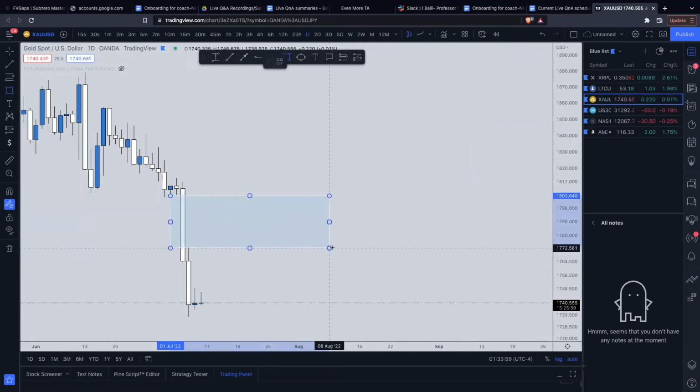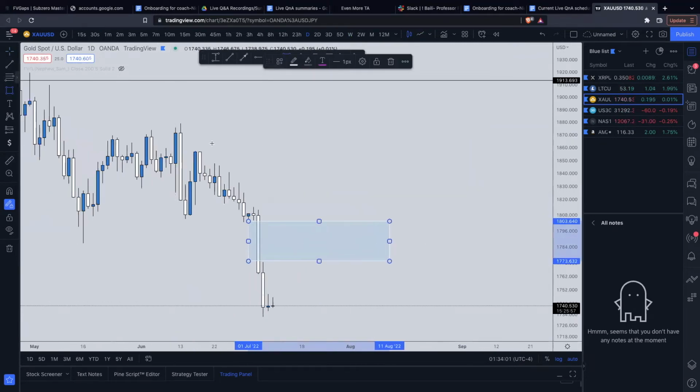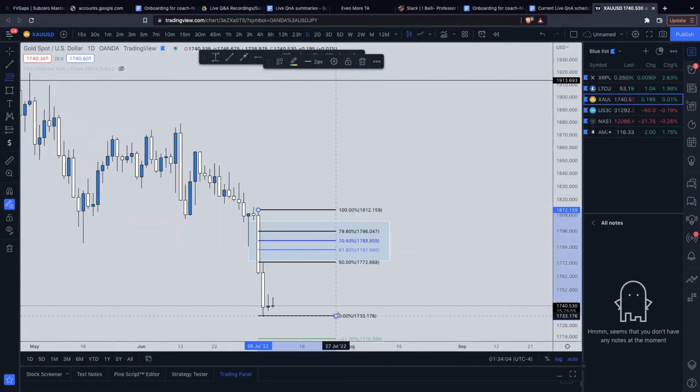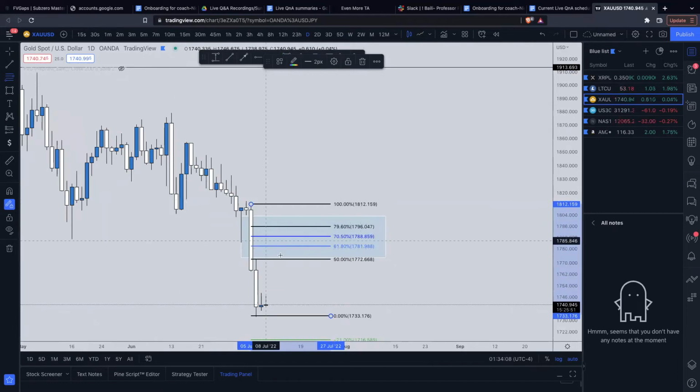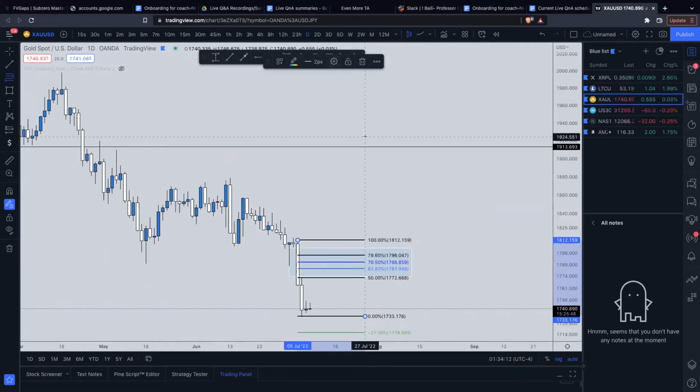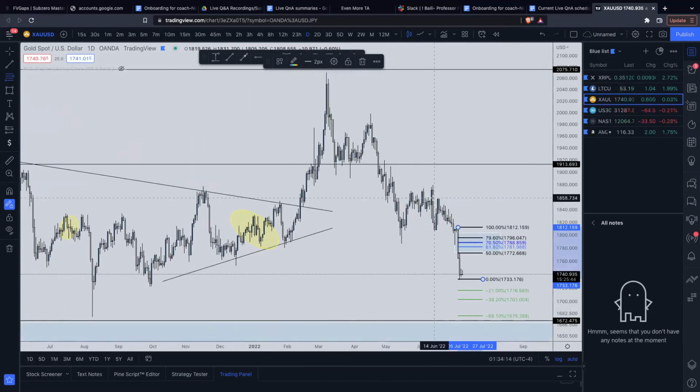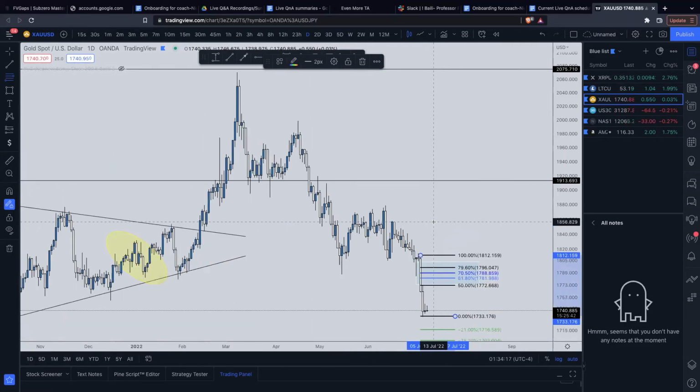And then we're looking at this fair value gap right here, and we can measure this as a range. That's what I'd be waiting on, some type of sell opportunity up in here. Other than that, I really wouldn't be touching this pair, because for me personally, I made the money right here.